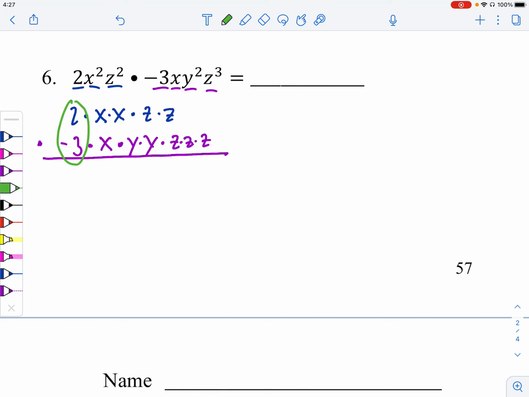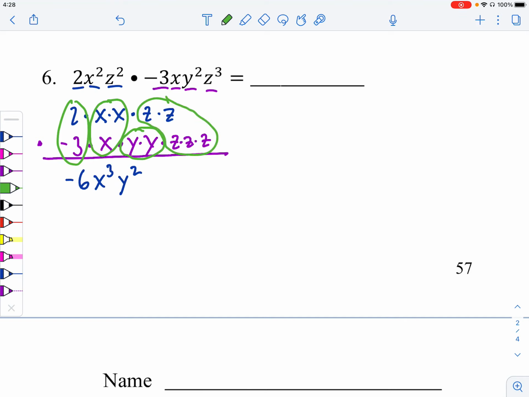So 2 times negative 3, negative 6. Then we count our x's. So here we got 3 x's, so this is x to the 3rd power. Then we look, how many y's do we have? We just have 2 of them here, so it stays y squared. Then you add up how many z's do you have?